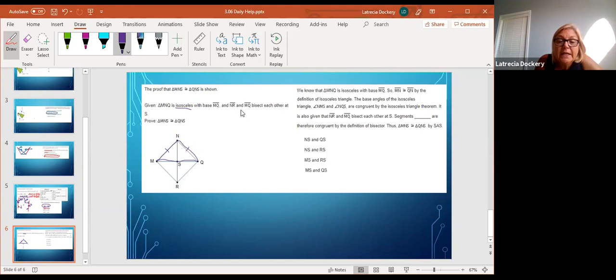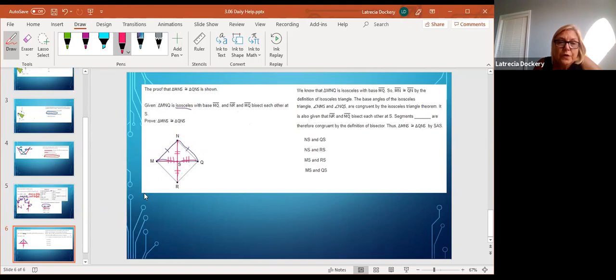NR and MQ bisect each other at S. Okay, that's these 2 lines that go up and down and side to side. They intersect, they bisect each other. All right, so that means this and this are congruent, and this are congruent.